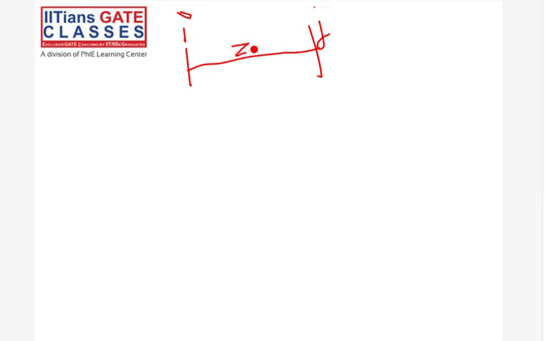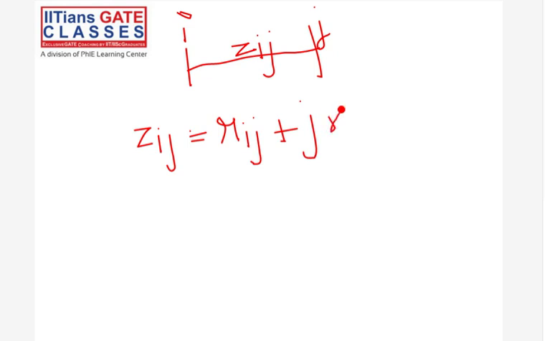And the impedance is Zij, where Zij is the actual resistance Rij plus jXij, right? So what would be yij? 1 by Zij.